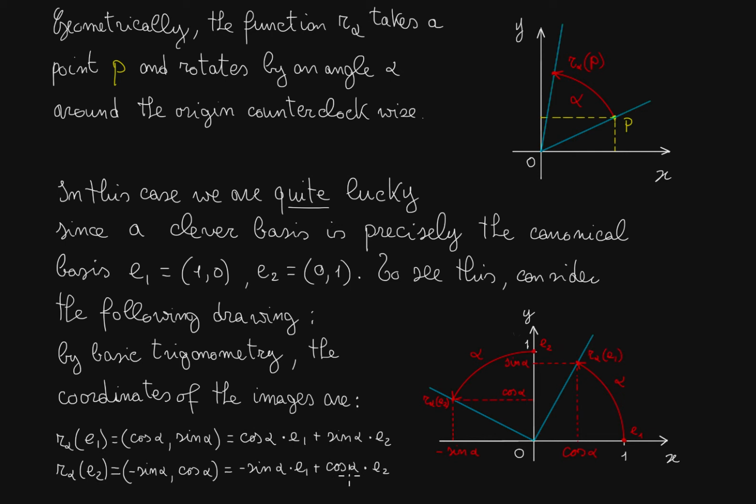And the same goes for the image of E2. We end up with these very easy expressions of the images of the canonical basis of the domain in function of the canonical basis of the codomain.